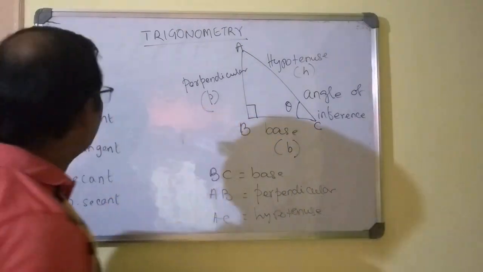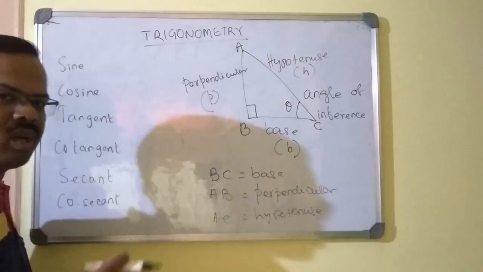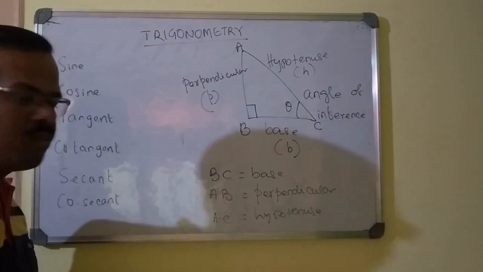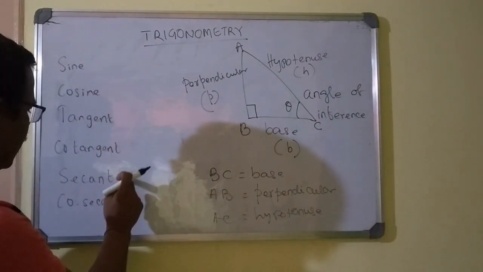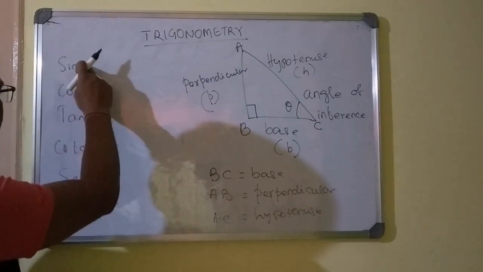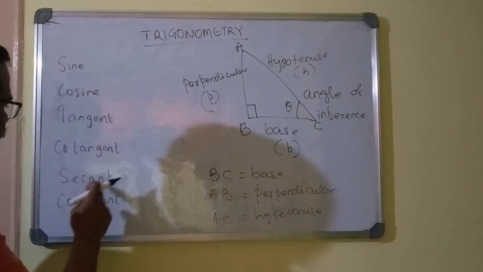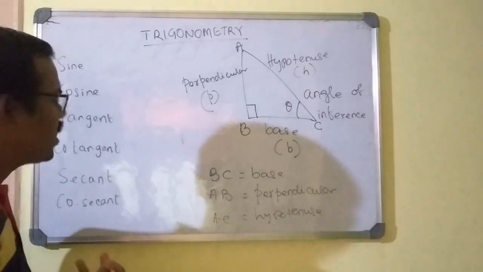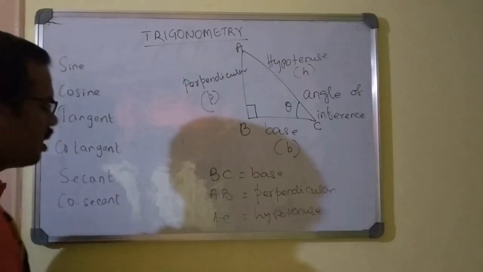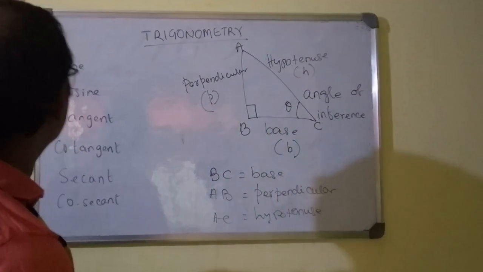It's very easy to remember. If you remember three things, the six ratios you can easily remember: sine, cosine, tangent, cotangent, secant, cosecant. If you remember sine, tangent and secant, you just put the prefix co, and then the other three ratios you can easily remember.